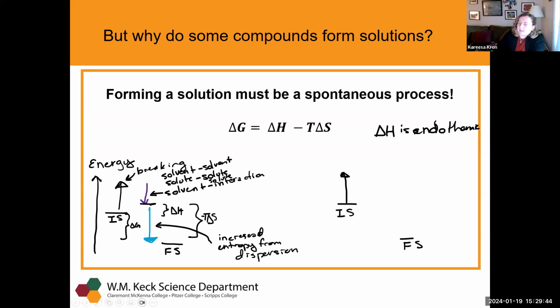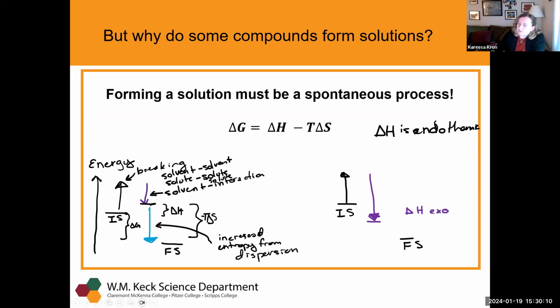And it might be the case that the solute-solvent interactions are favorable such that, I need the purple pen, the solute-solvent interactions are better than the solute-solute or the solvent-solvent. You can have an exothermic delta H.